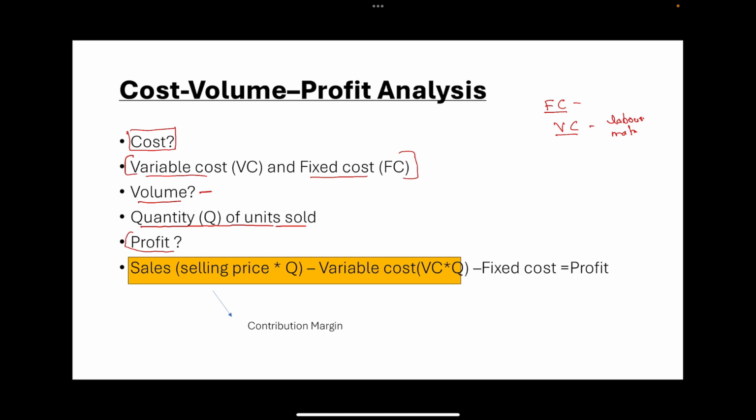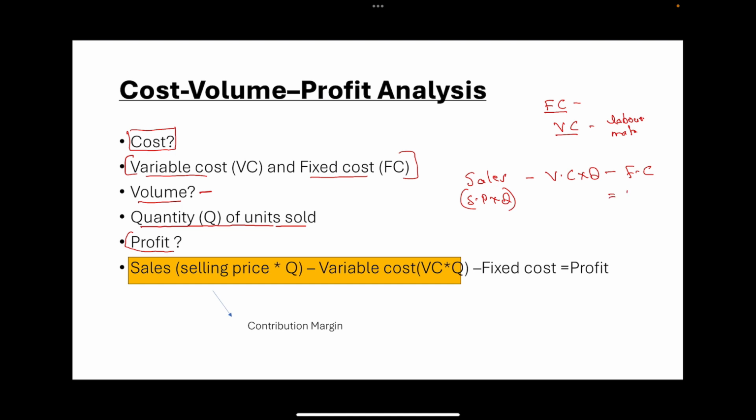Profit is equal to the sales, that is the total sales you have made. For example, you have sold Q number of quantities and the selling price is SP. So SP into Q will be your total sales revenue, minus the total variable cost, that is variable cost into Q, for each unit you have a variable cost, minus the fixed cost.